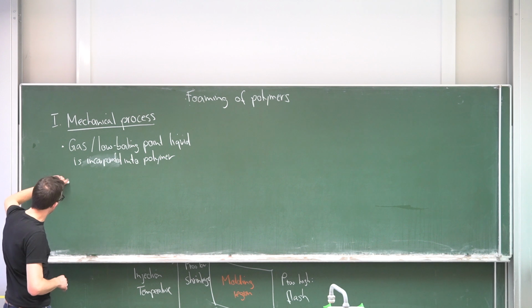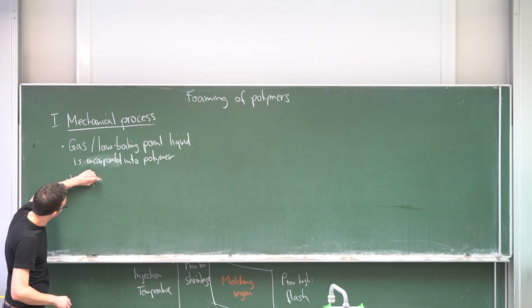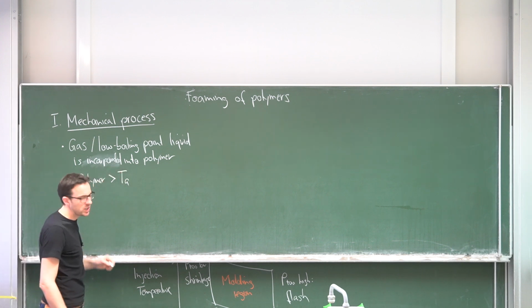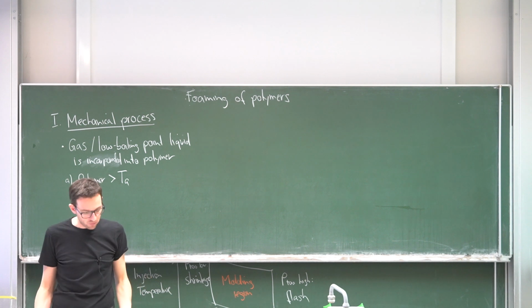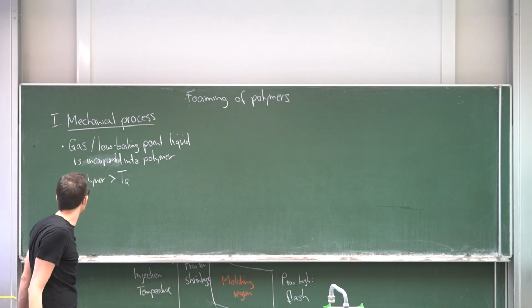So first, the polymer needs to be above Tg. But the problem, of course, is that the gas or this low boiling point liquid needs to remain in the polymer.